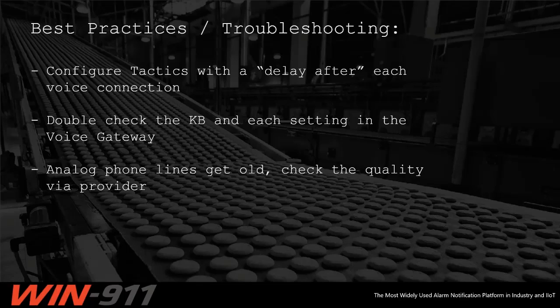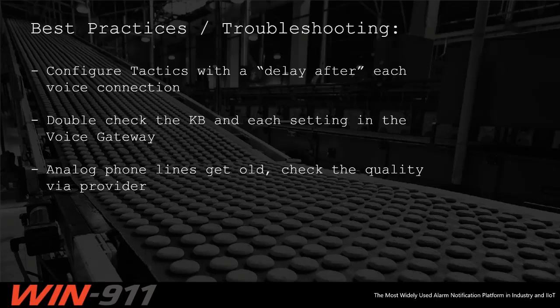There have been hundreds and hundreds of tickets that we've worked where the phone line is sending WIN-911 the wrong DTMF tone. The DTMF tone, if you're not familiar, is what happens when WIN-911 calls you and says, please enter your authorization ID followed by the pound sign. Those are the DTMF tones, when you hit the number 2, or any of the numbers.